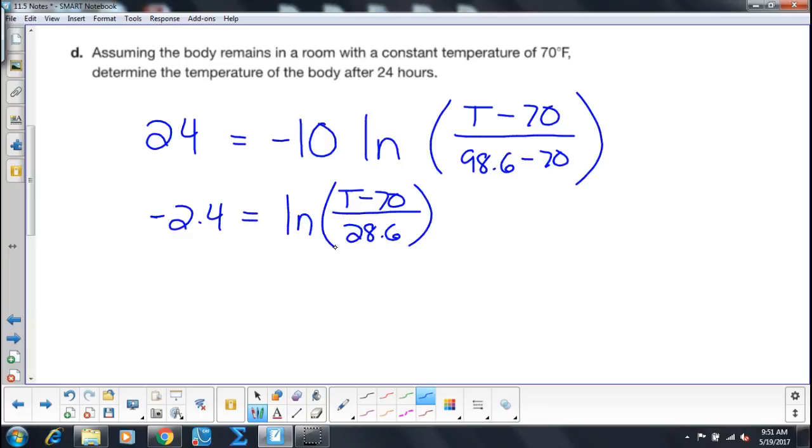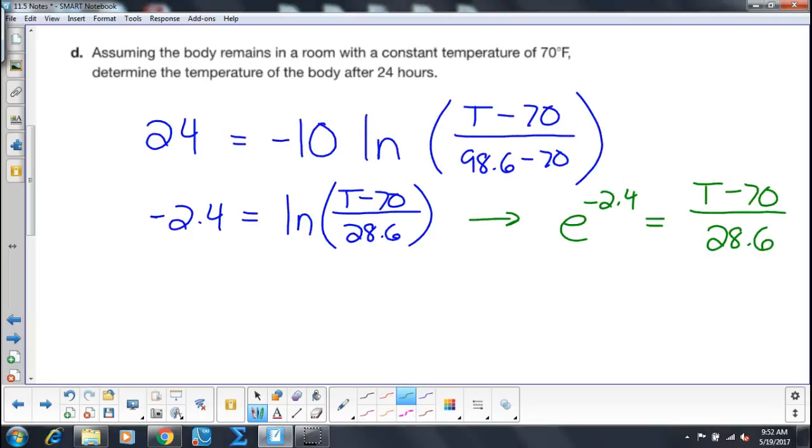Switch forms, right? Okay, when I switch forms, what do I get? E to the negative 2.4 power equals, okay, how are you going to solve that one?